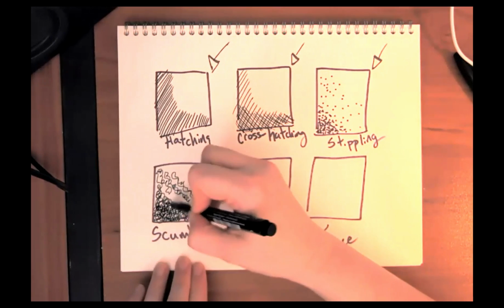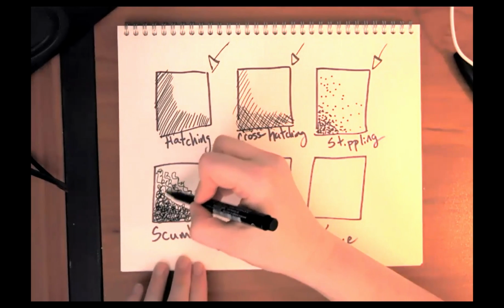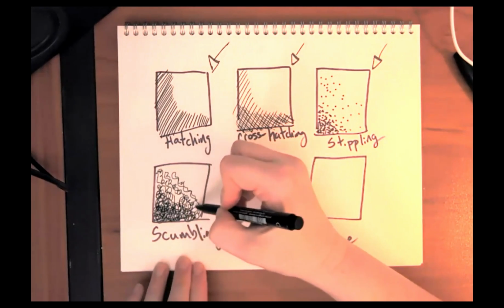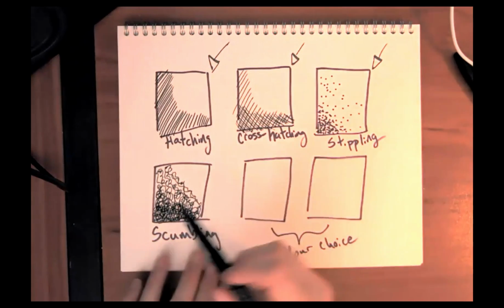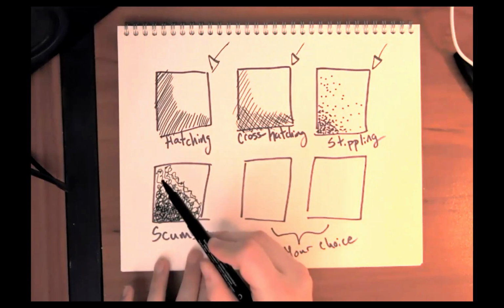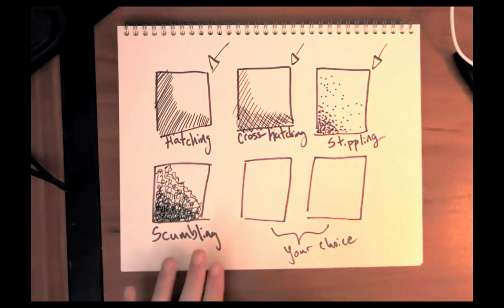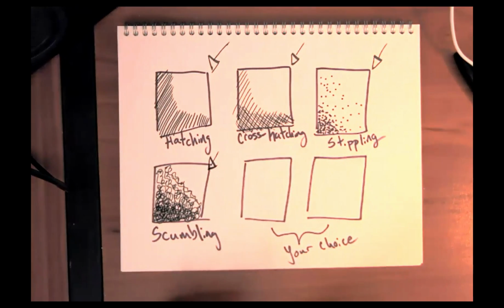So you can see that I'm doing a lot of the scribbling on top of itself down here, and that makes it darker. So we've got a darker scribbling because I overlapped it a lot, and then we've got this lighter version, and there's nothing up there because the light is, again, shining from down there.